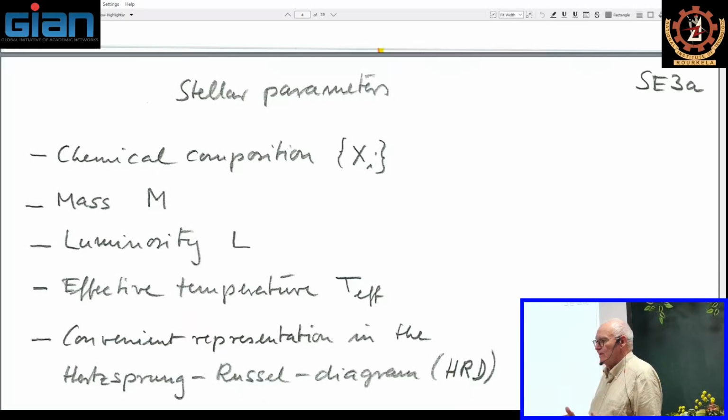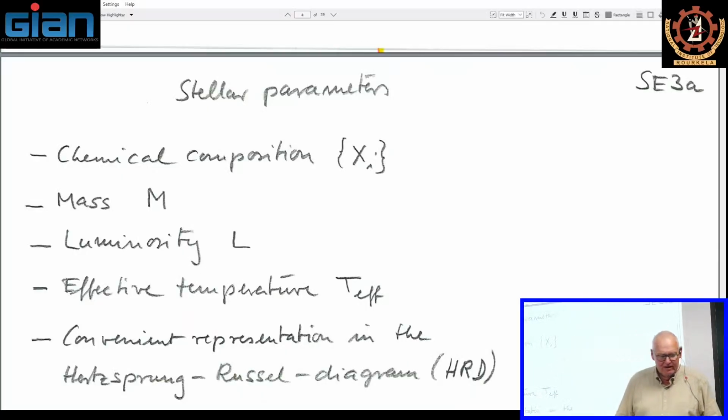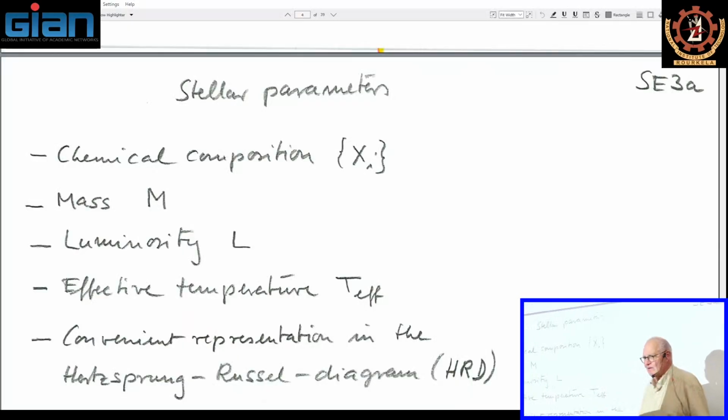The chemical composition is observed to construct the stellar model. In particular, our equation of state, the nuclear energy generation rates, and the opacities will depend sensitively on the chemical composition.